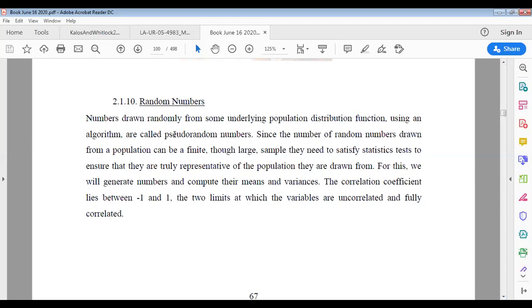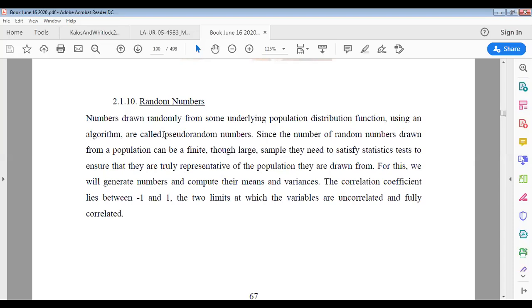So from what I know, there are three broad classifications of random numbers. There are truly random numbers, there are quasi-random numbers, and there are pseudo-random numbers. And what we use in engineering are mainly pseudo-random numbers. So I'm not really going to get into the fine pure mathematics of random numbers and quasi-random numbers.